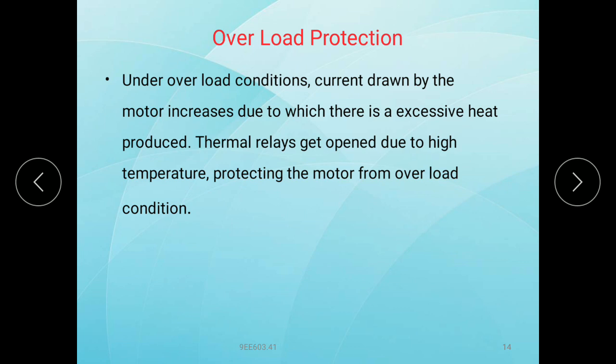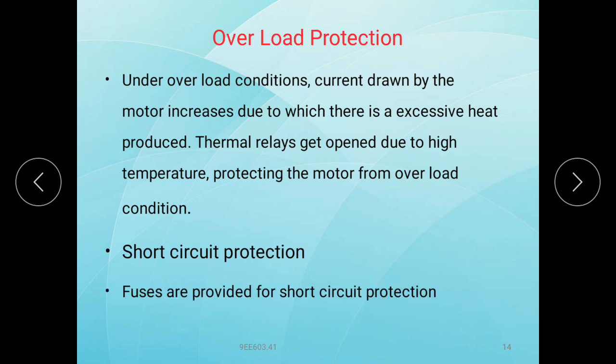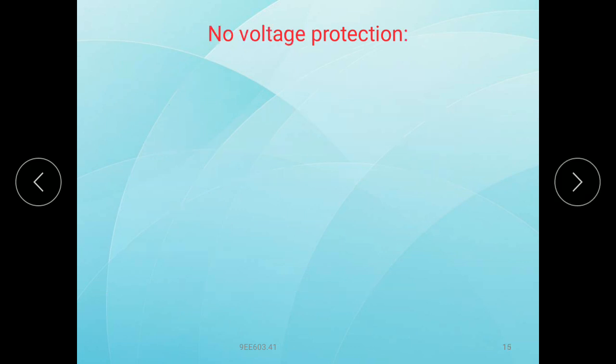Under overload conditions, current drawn by the motor increases due to which excessive heat is produced. Thermal relays get opened due to high temperature, protecting the motor from overload conditions. Short circuit protection: fuses are provided for short circuit protection.